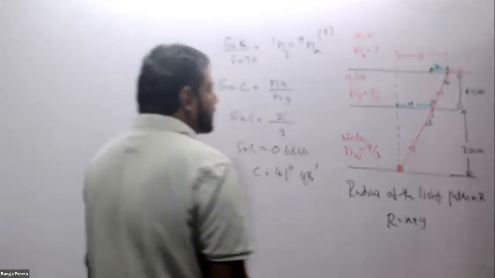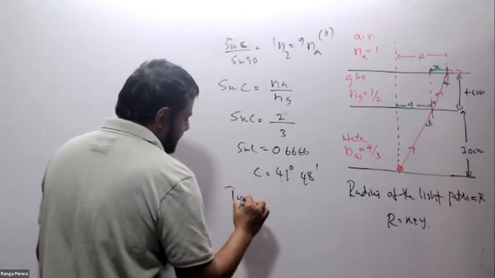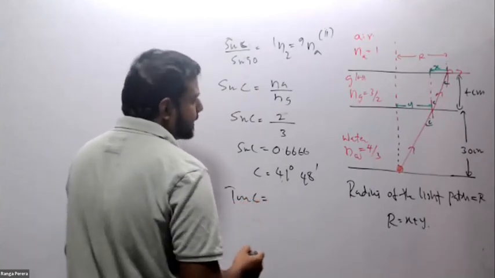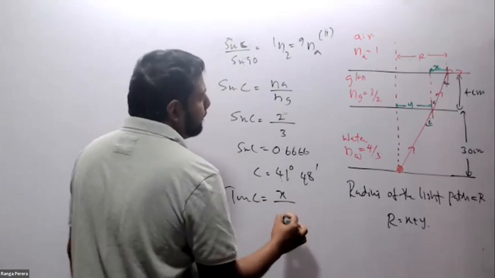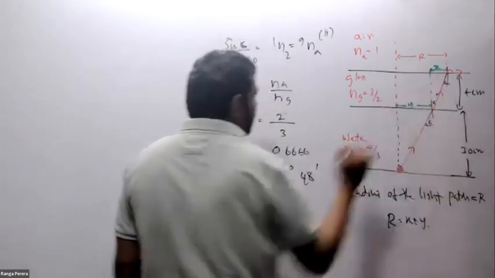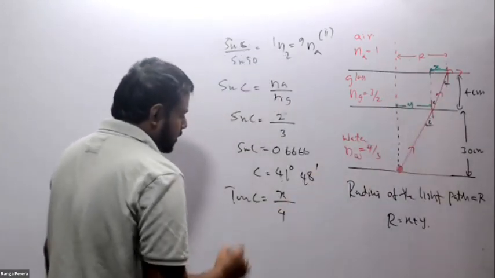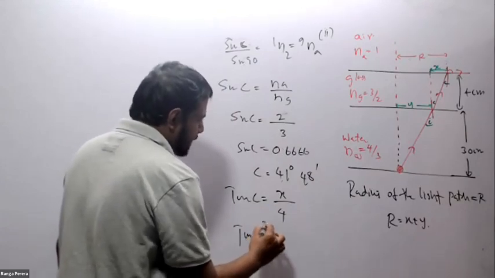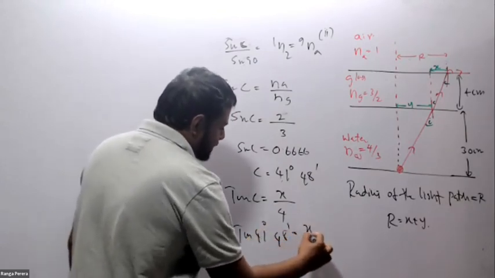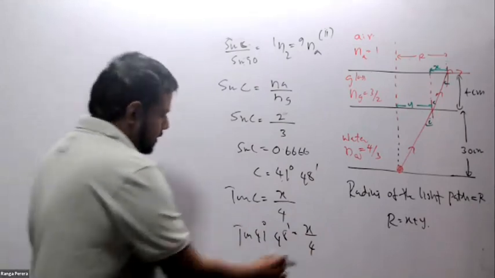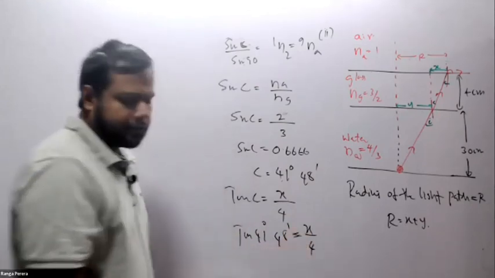So I try to find the X value. Tan C equals X divided by 4 centimeter. Tan 41 degrees 48 minutes equals X divided by 4. What's the value of this?